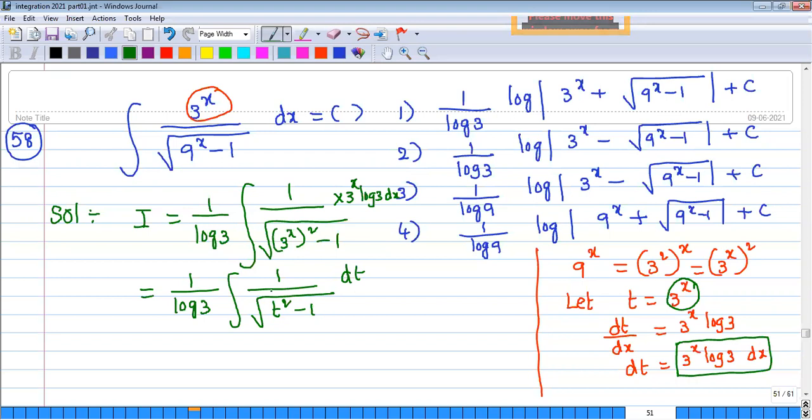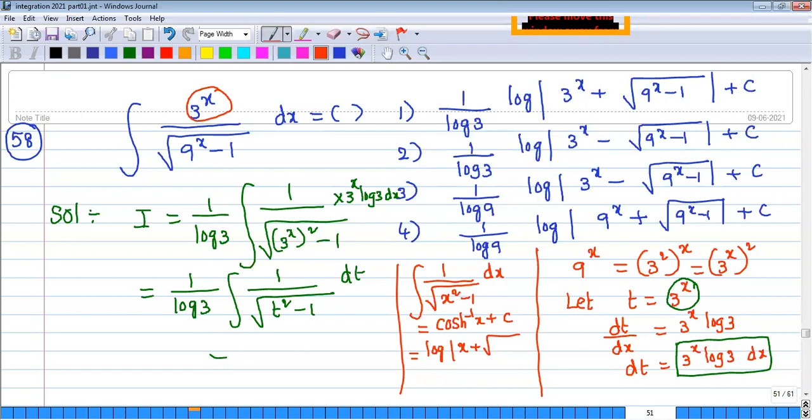It's a formula. Integral 1 upon under root of x square minus 1 is cosh inverse x, or log mod x plus under root of x square minus 1 plus c.